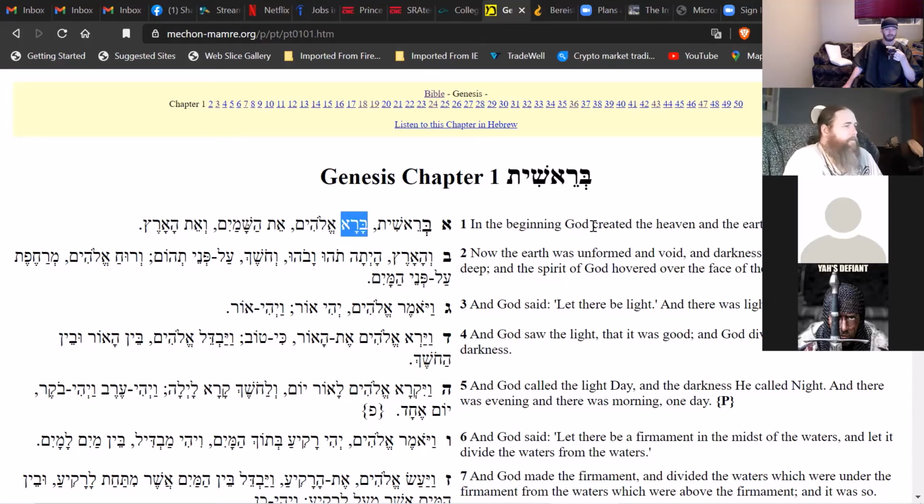Created. So here you're going to have an example of the fact that the word order has been changed. It should say, in beginning created Elohim. And then this word here is never translated in the English text, very rarely.